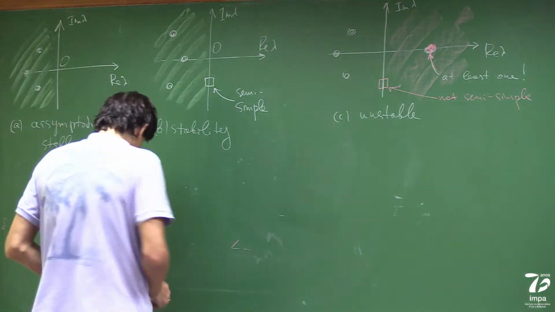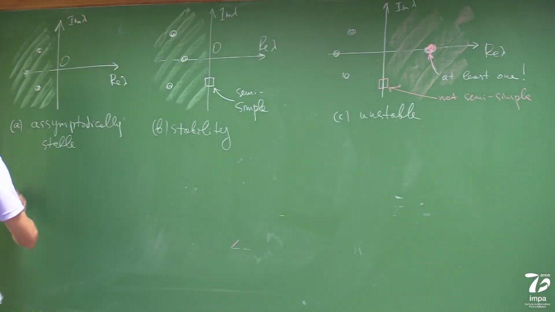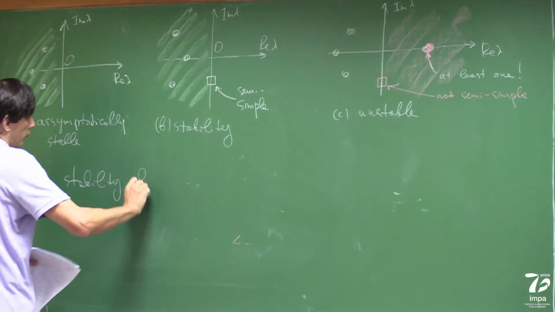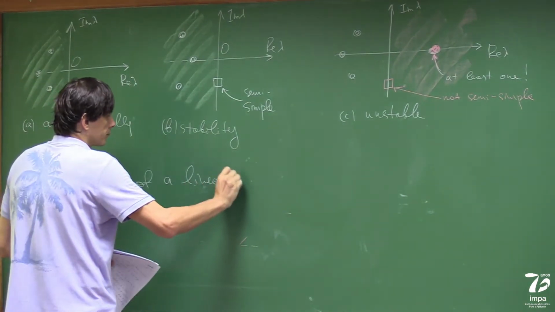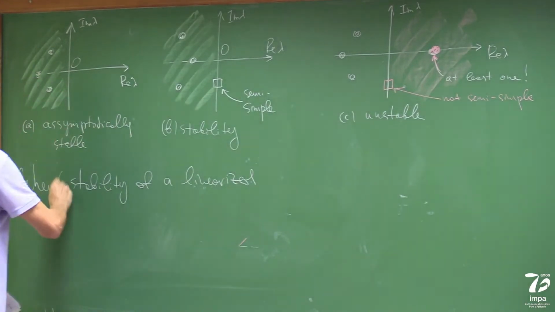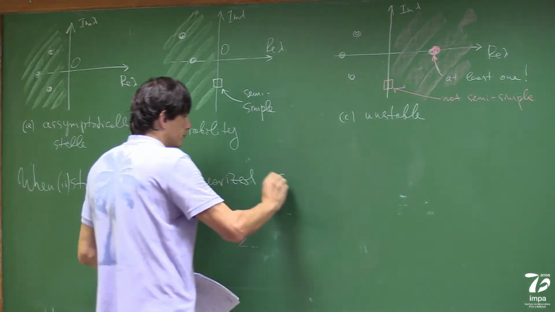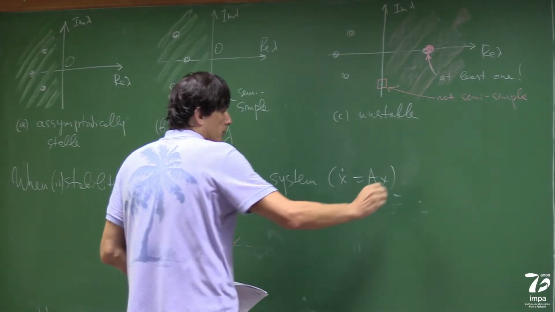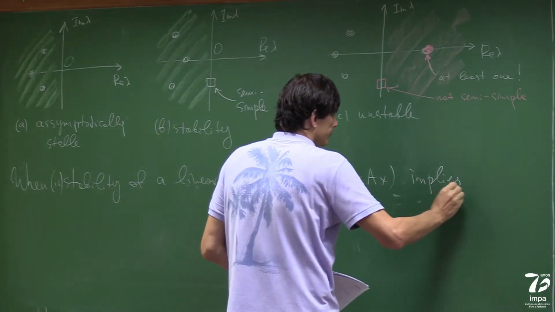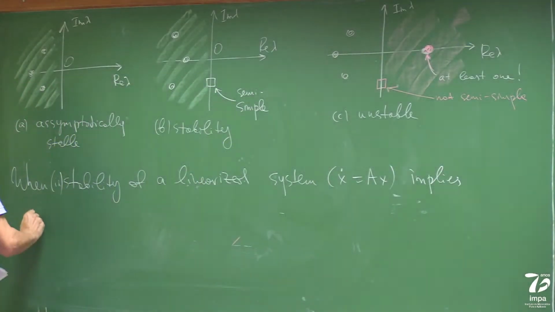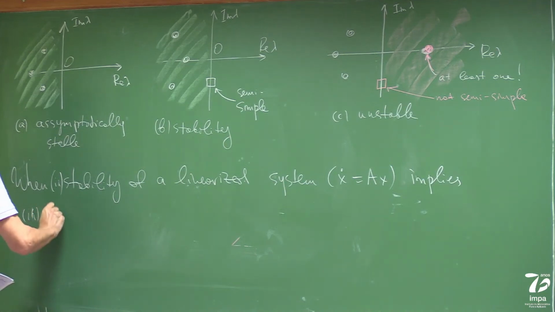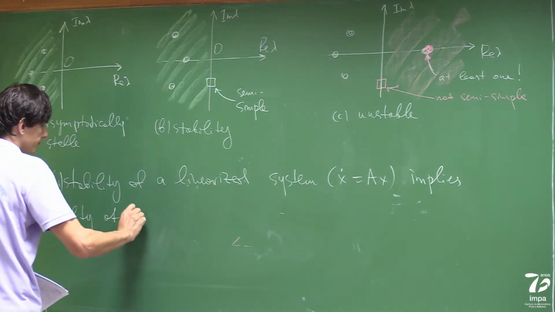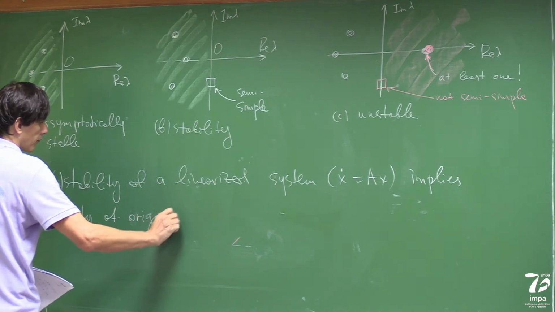So now the question is when stability or instability of a linearized system, x dot equals Ax, implies also instability or stability of the original nonlinear system.